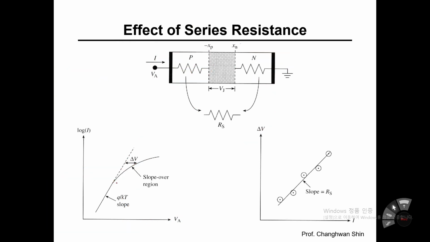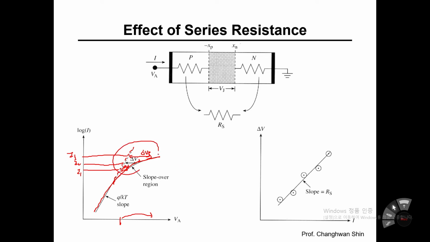Okay, here, this solid line indicates the measured data, and the dotted line indicates I obtained based on the ideal diode equation. And at the high forward bias regime here, for a given current value, say I1, I2, and I3, you may get delta V3, delta V2, and delta V1.